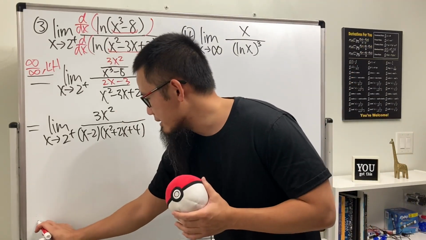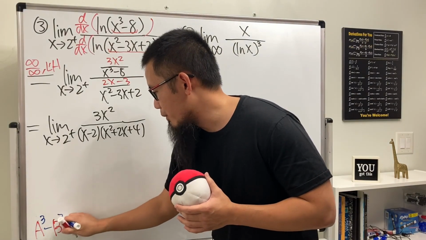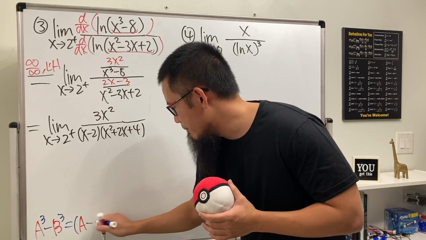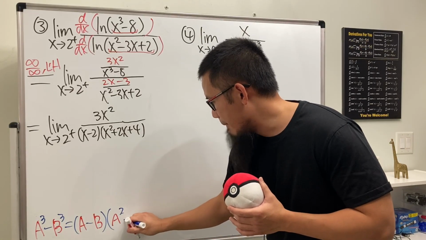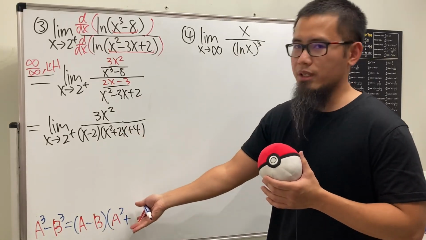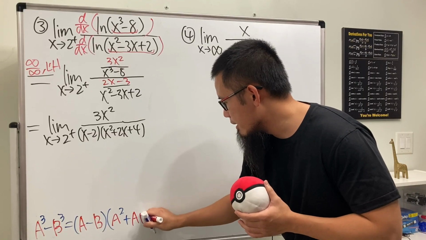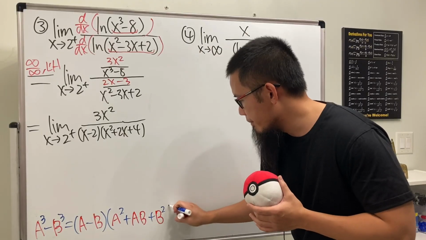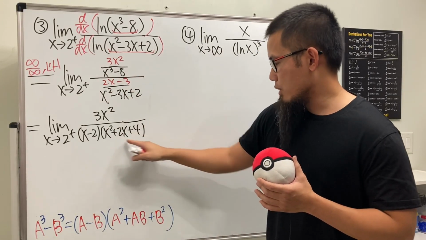Again, the formula is when we have a to the third power minus b to the third power, this is a minus b times a squared plus ab, and then lastly we add b squared. So you see, a was the x and b is the 2, so that's why we have all that.